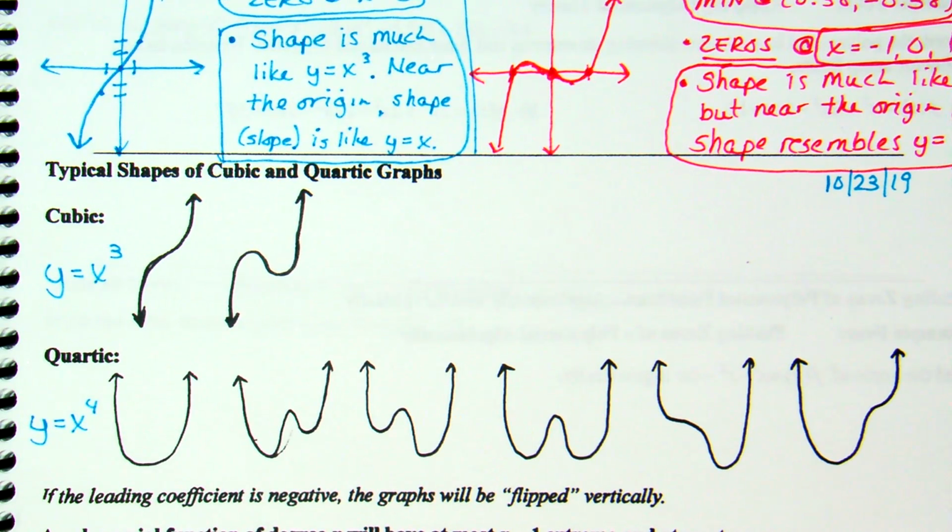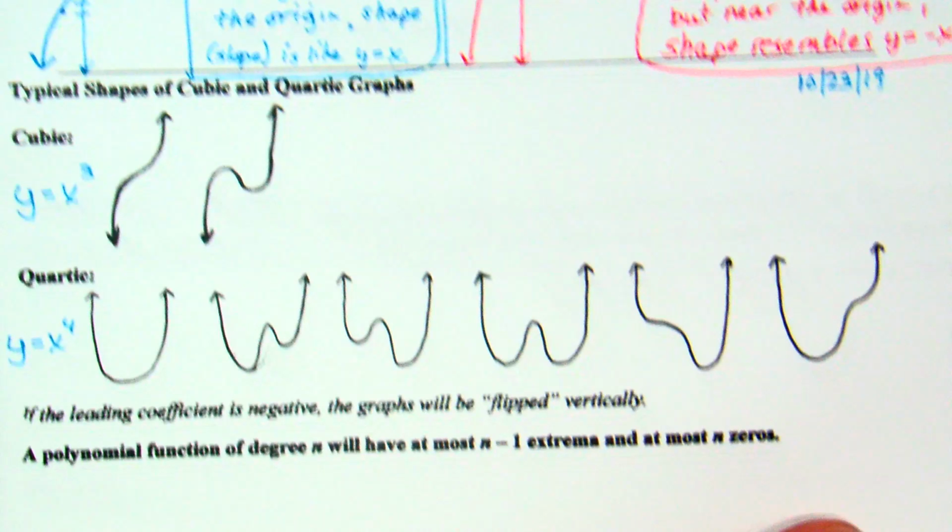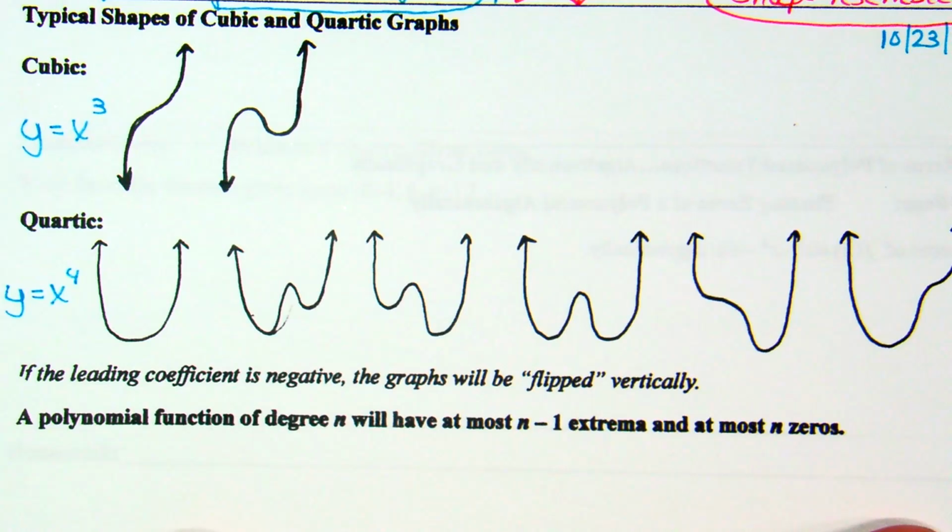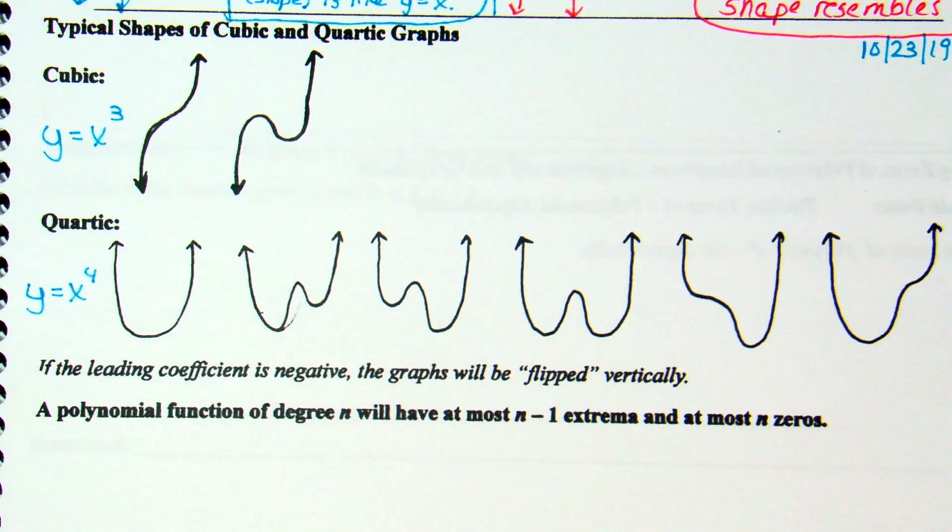Now, a couple of things here. If the leading coefficient is negative, the graph will be flipped vertically. So what's that mean? The leading coefficient is negative. Just think of it like a parabola. X squared is right side up.